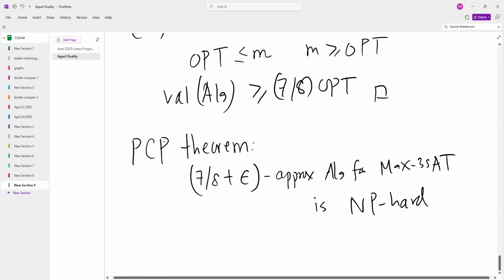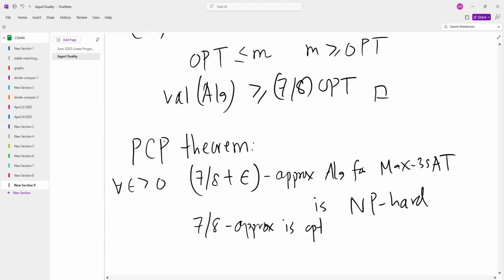So in some sense, 7 by 8 is almost the best you can do, because this holds for all epsilon greater than 0. It means, in some sense, the 7 by 8 approximation is optimal.